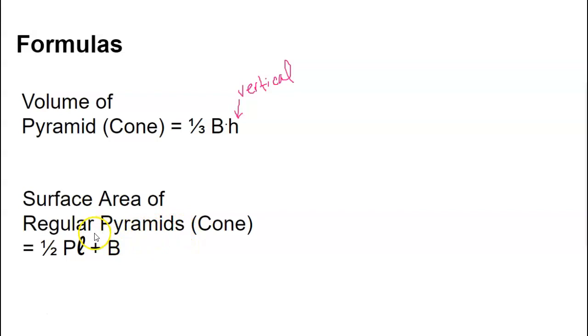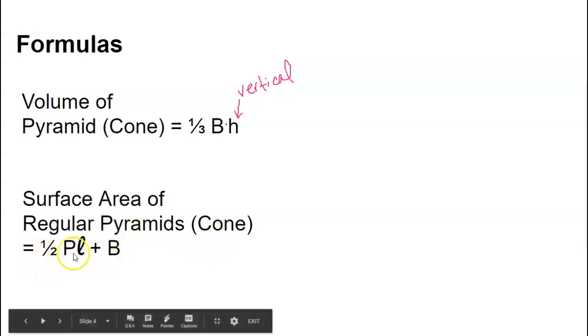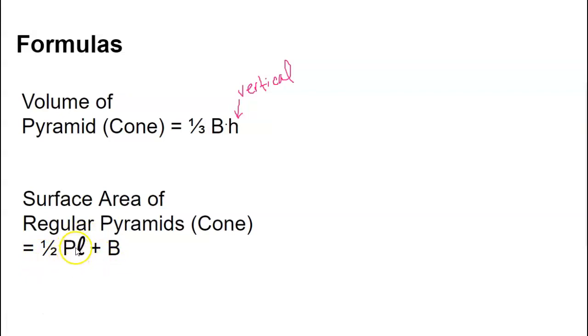If you have a regular pyramid, now to be a regular pyramid means that the base shape has to be regular. And in geometry, regular has a very specific meaning: all the sides and all the angles are equal. If you have a regular polygon for your base, or if it's a cone and your base is a circle, then you can use this formula to find surface area. It allows us to find that lateral area a little bit easier.